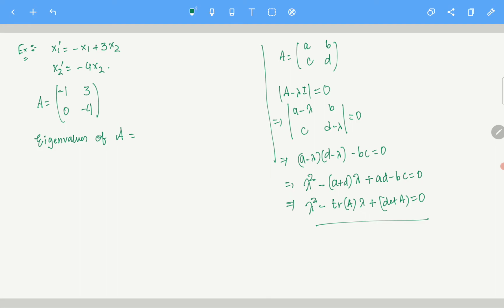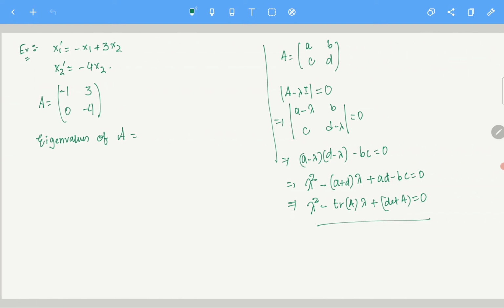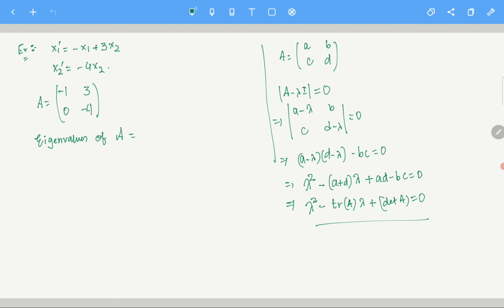For now I am only looking at planar systems, which means 2x2 systems, in a plane, x1, x2.